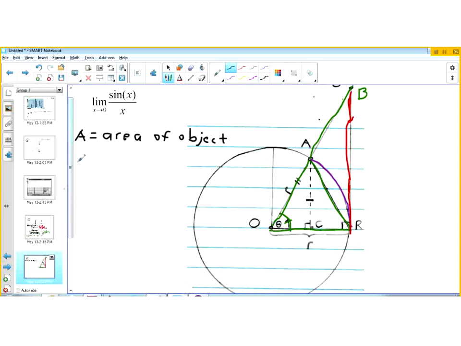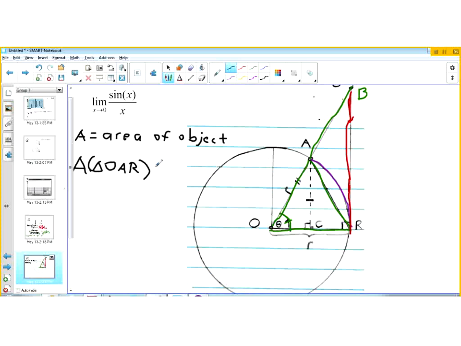So if I write the area of triangle OAR, the triangle in green, with a little triangle symbol before it, you can kind of visualize the area of that triangle.